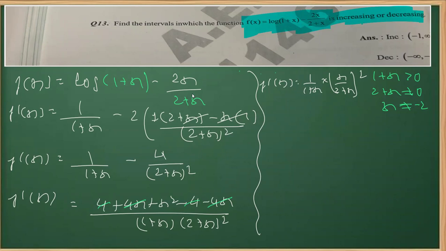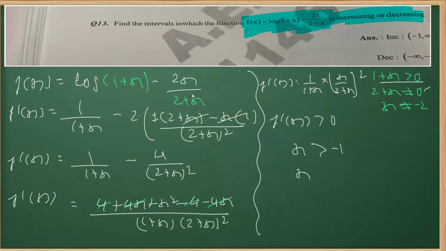Now, we have to find the interval on which the function is increasing, and the two conditions we have already got. For the function to be increasing, we know that f'(x) has to be greater than 0. Now check when this can be greater than 0. First condition, from here we can say x has to be greater than -1.